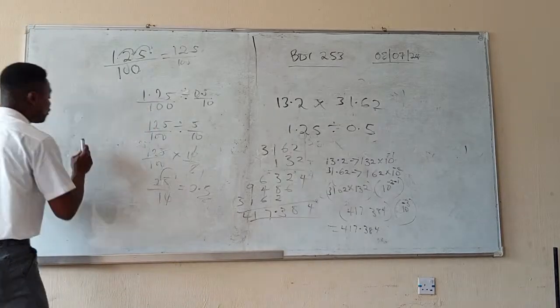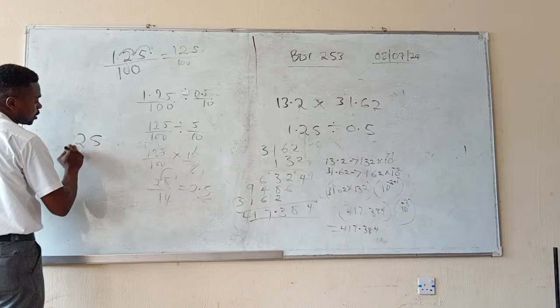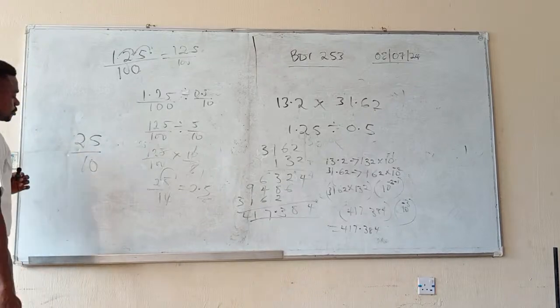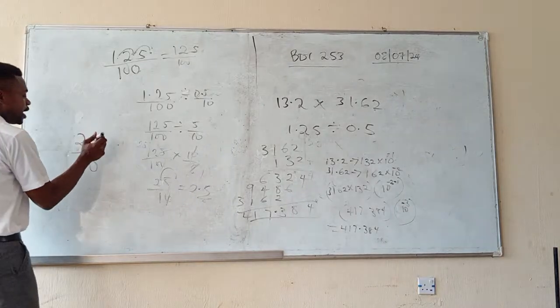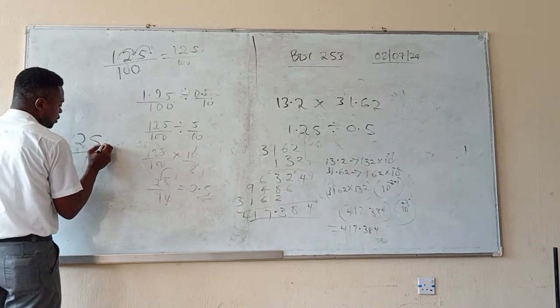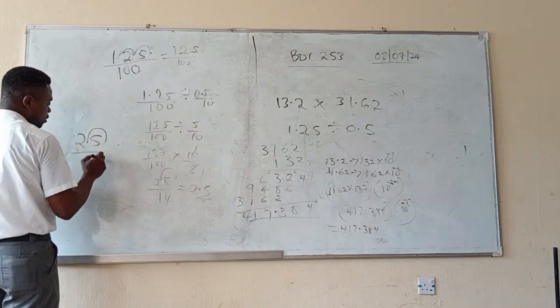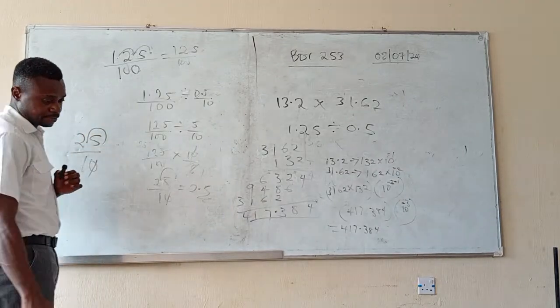Okay, here is 12 over 10. Sorry, 12 over what? 10. It's not 2.5. Here is point, right? It goes like this. One will disappear.